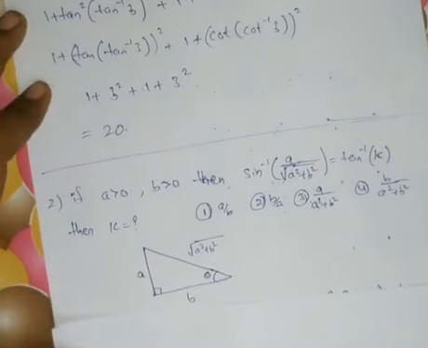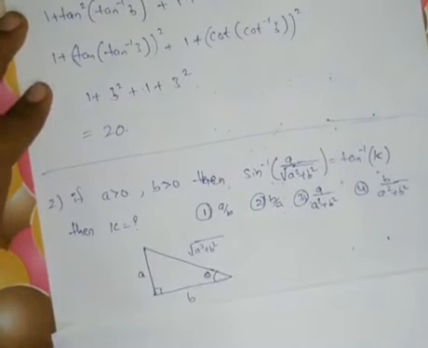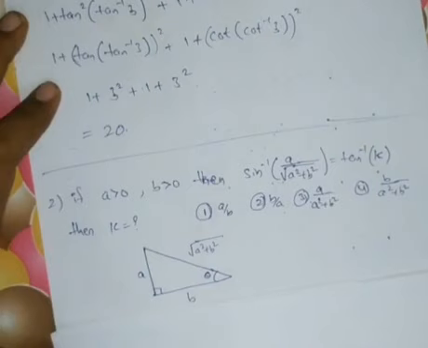So by considering a right angle triangle with an acute angle theta, with the opposite side as a and adjacent side as b, by the Pythagoras theorem we can say that the hypotenuse is under root a square plus b square.